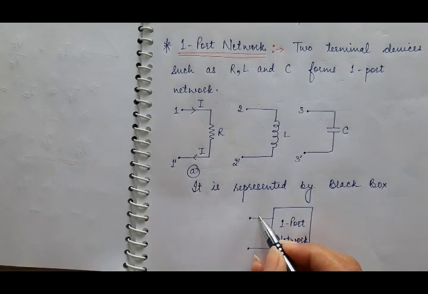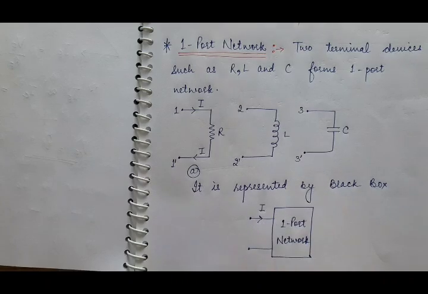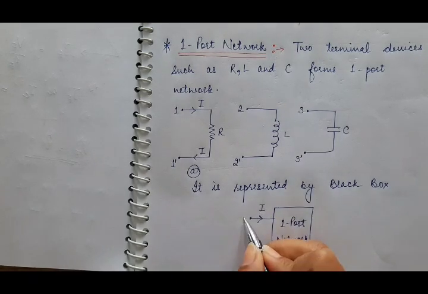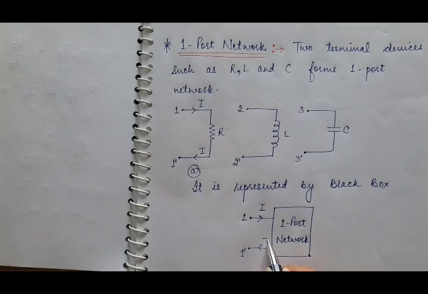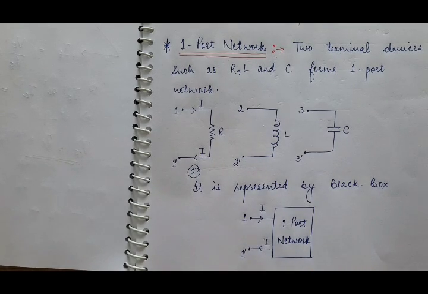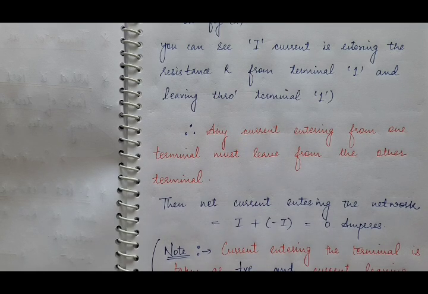Here also, if I is the current entering through terminal 1, then the same current I will leave through terminal 1 dash. In figure A of the resistance, current I enters from terminal 1 and leaves from terminal 1 dash. Any current which enters must leave from the other terminal.